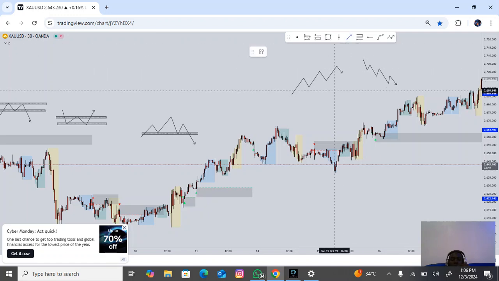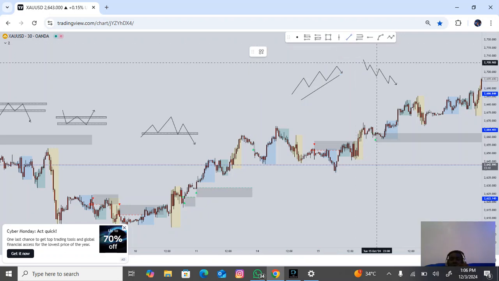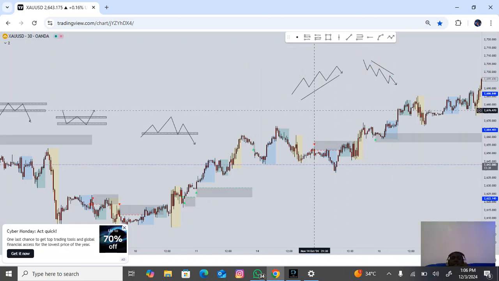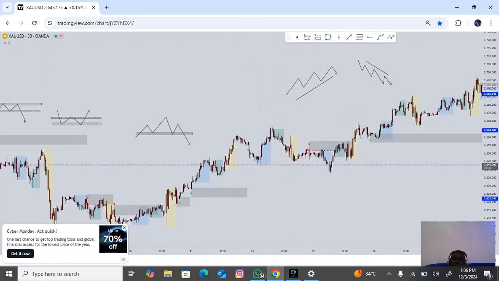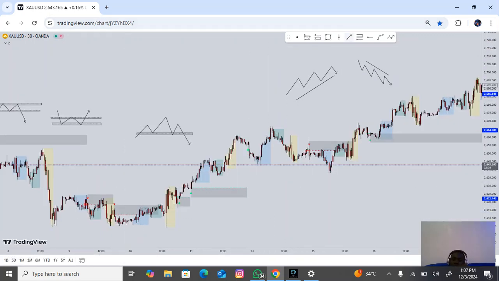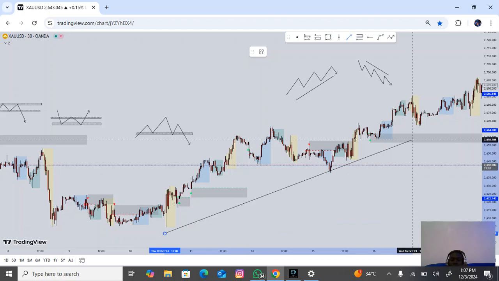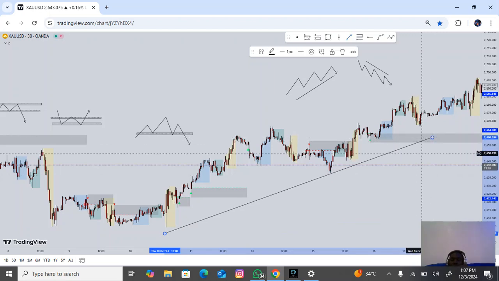Even looking at this, you know this is an uptrend. You can also identify an uptrend or a downtrend using a trend line. So as you can see, even a 2-year-old child can tell you that this market is going up right here. This market is going up right here.